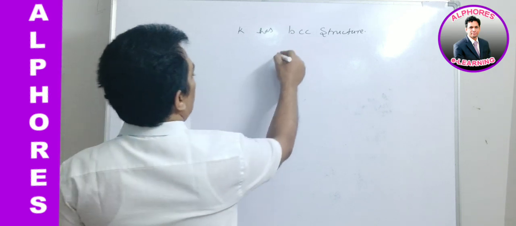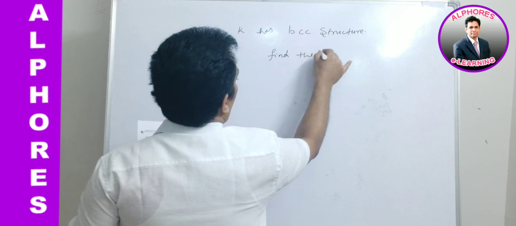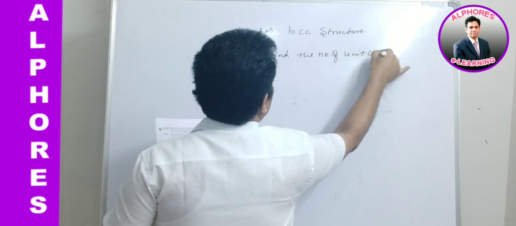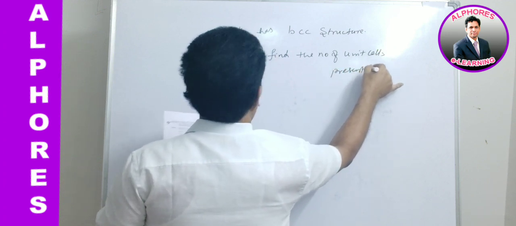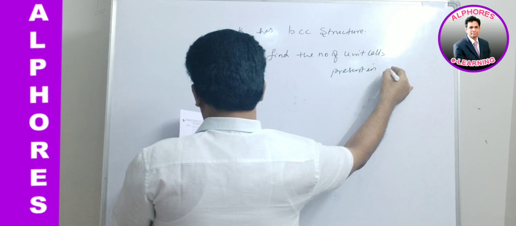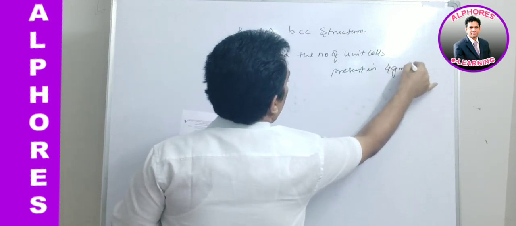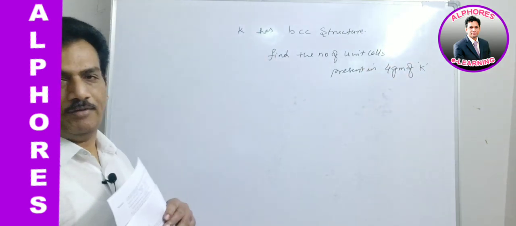Then they are asking to find the number of unit cells present in 4 grams of potassium. This is the question given.